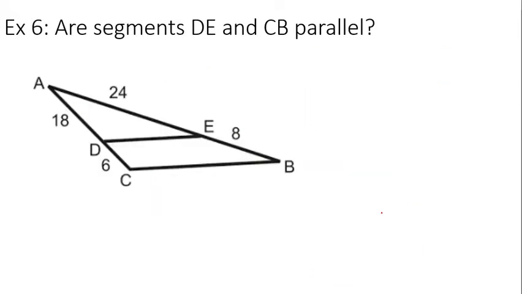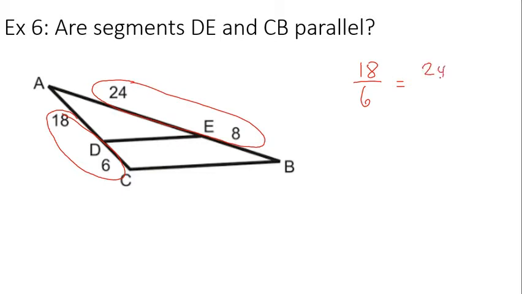Okay, so in example 6, they're asking us, is DE and CB parallel? So what we check for here is I take these two segments, these two sides, and say 8 over 6 equals, and I take these two, 24 over 8, and I'm going to see if they're equal.